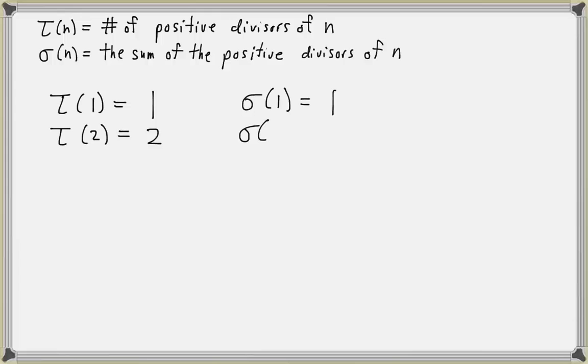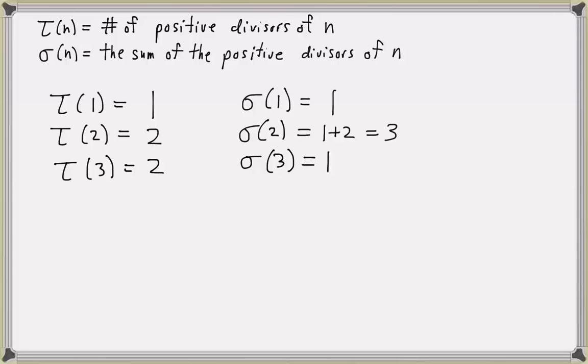And sigma of 2 would equal 1 plus 2, which is 3. Tau of 3, well, any prime number only has two positive divisors, 1 and itself, so tau of 3 would be 2 as well. Sigma of 3 would therefore be 1 plus 3, which is 4.